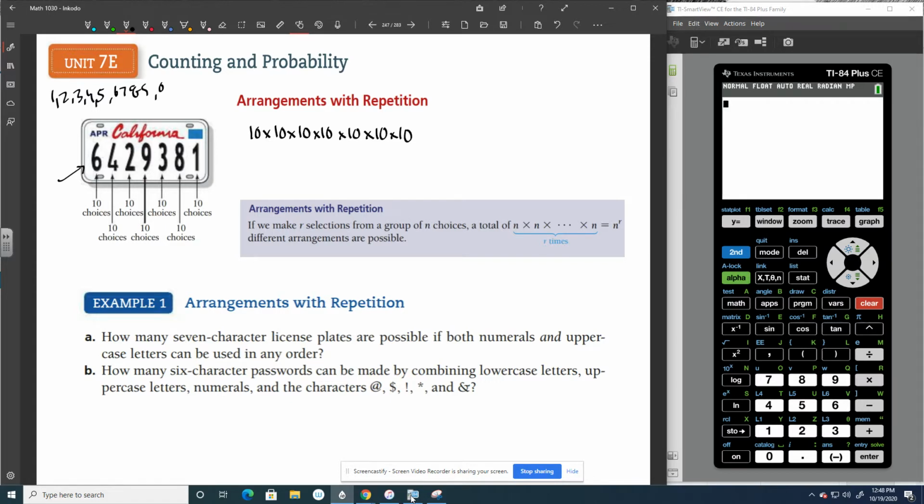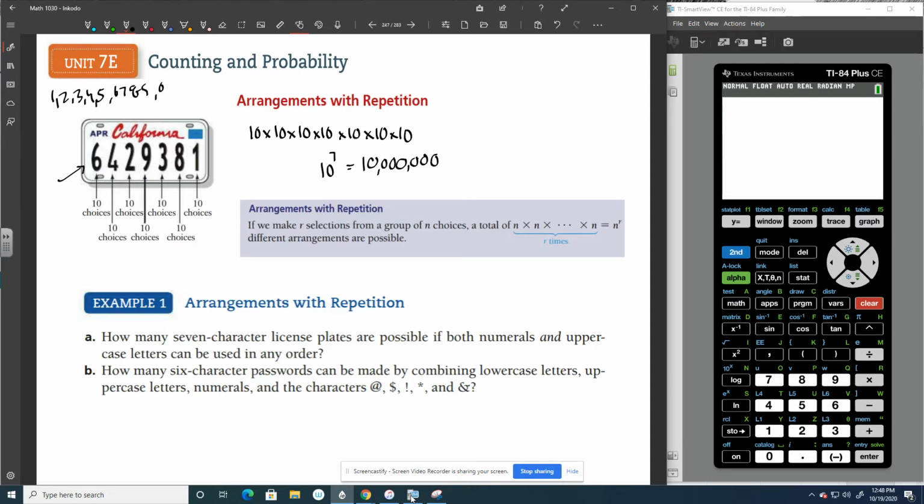So when I multiply those all together, I end up with 10 to the 7th power, which gives you 7 zeros. That's a lot of choices, just that alone. That gives us 10 million different license plates that we could come up with.